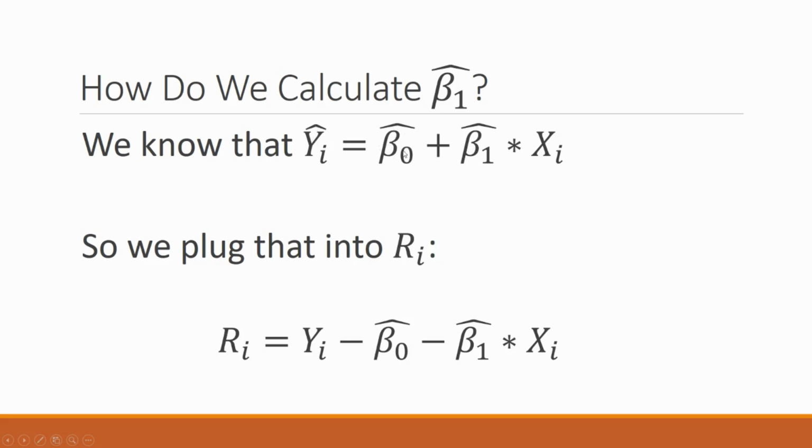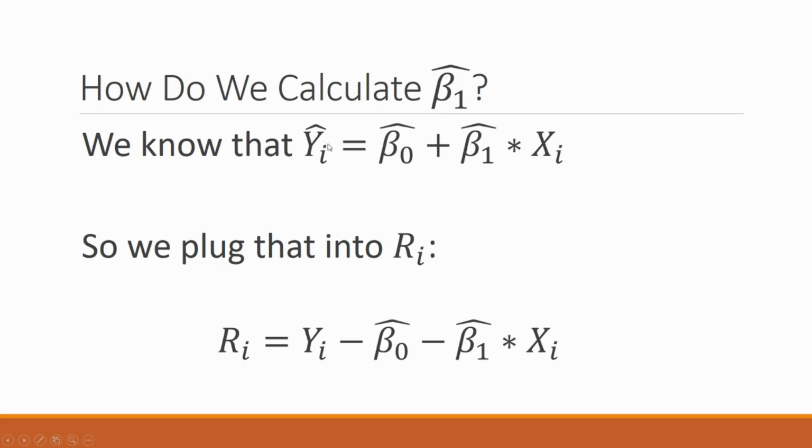Even if we haven't estimated the regression model yet, if we estimate the model, there will be some beta 0 hat and some beta 1 hat. And so we know that this is the yi hat.